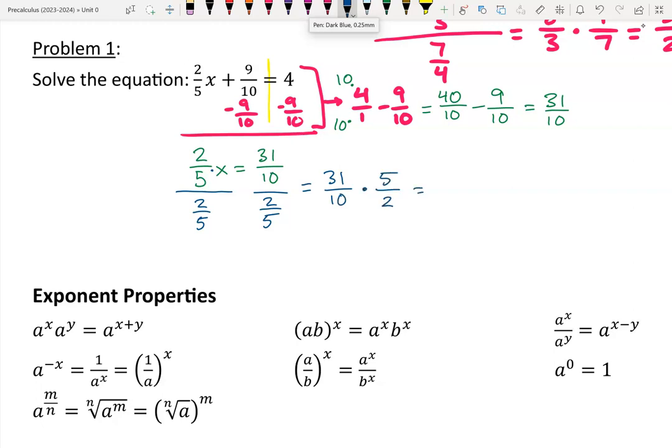And again, we multiply straight across, and that would give us 155/20. But 5 can go both into the top and into the bottom, and that would reduce to 31/4. And that would be our answer for problem number 1. So that is using a little bit of our fraction operations and a little bit of practice with solving equations.